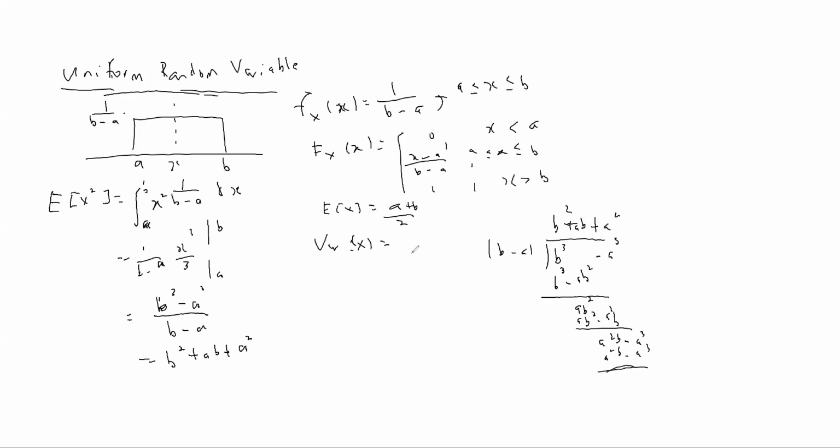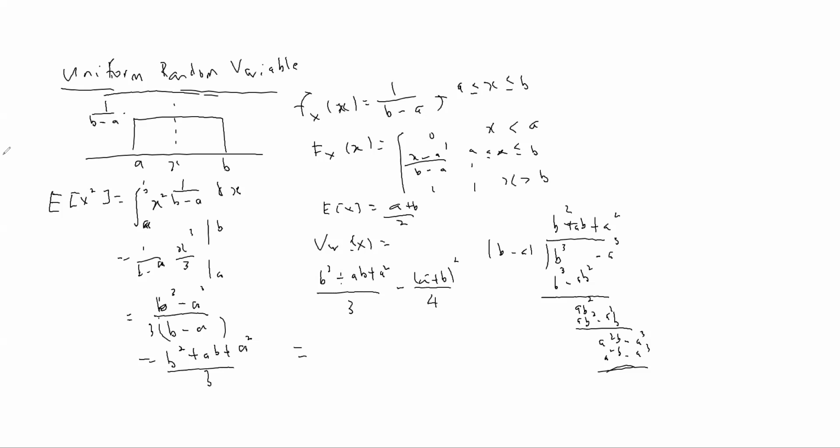So when I calculate my variance of X, I get B squared plus AB plus A squared. I've forgotten the 3 here, haven't I? Yes, it's divided by 3, minus A plus B squared divided by 4.